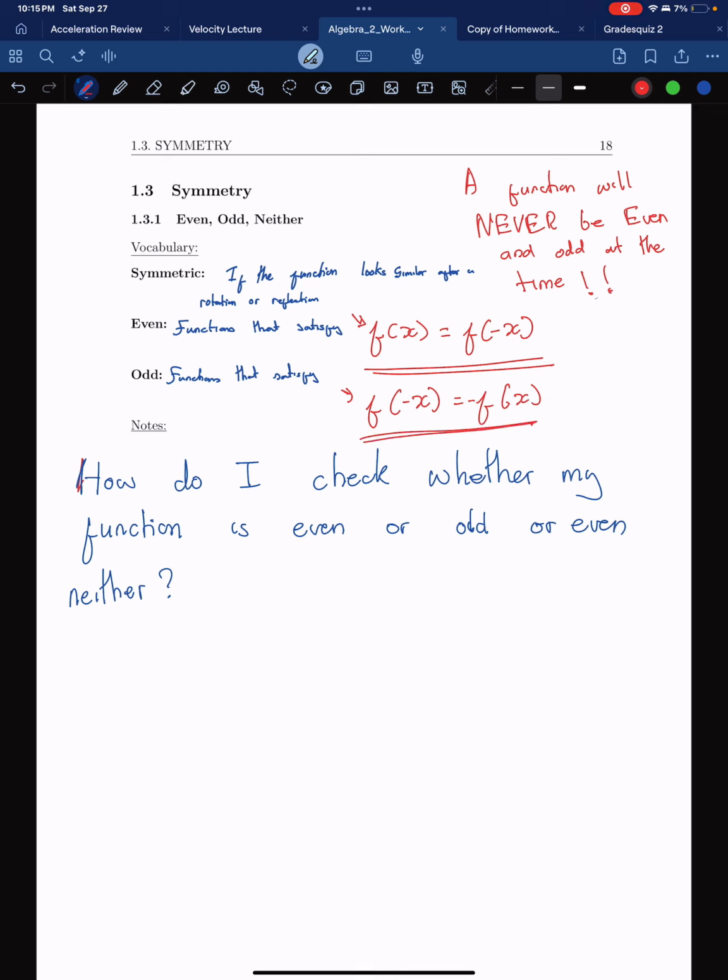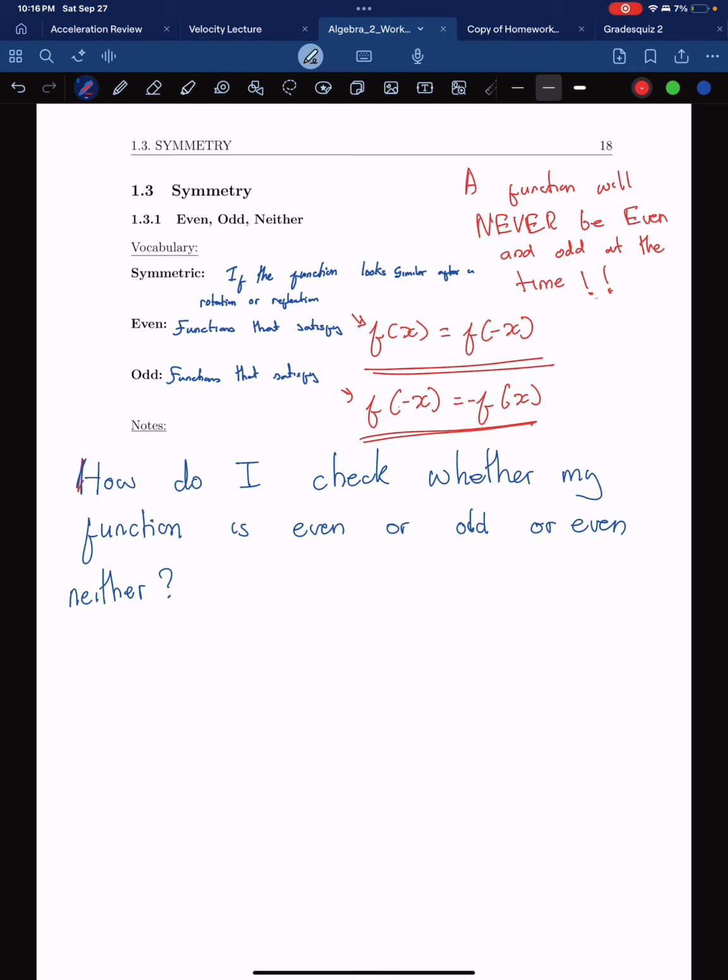So basically, just a quick interpretation of these equations. For the even function, we see that if we multiply our x values by -1, our function will still have the same y values it had previously. All right, and don't worry, we will get into it.